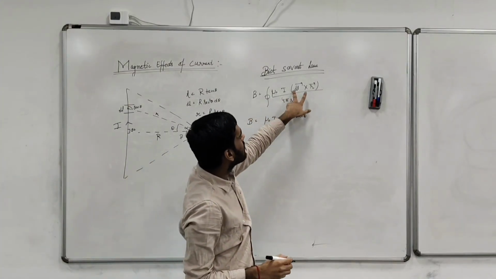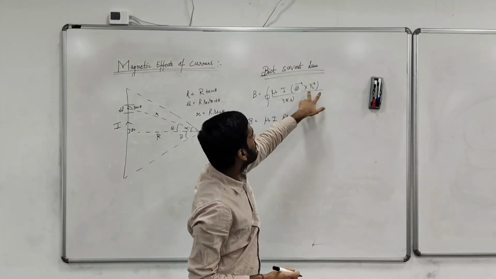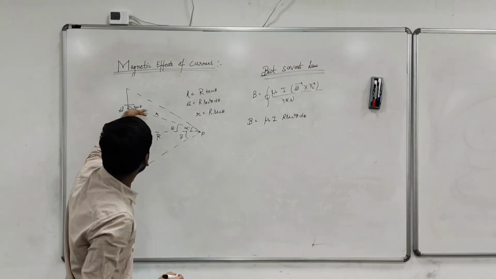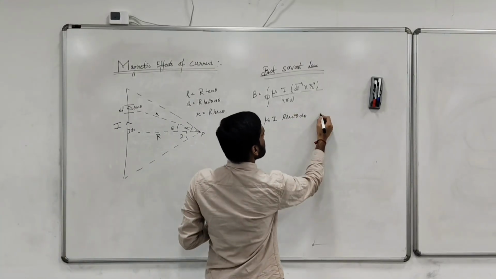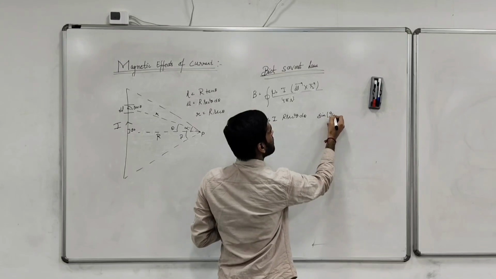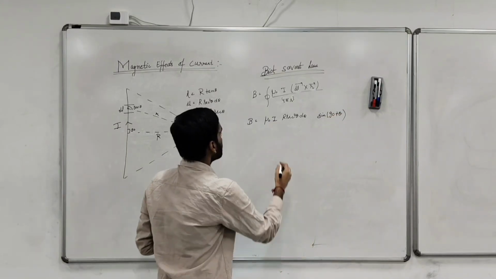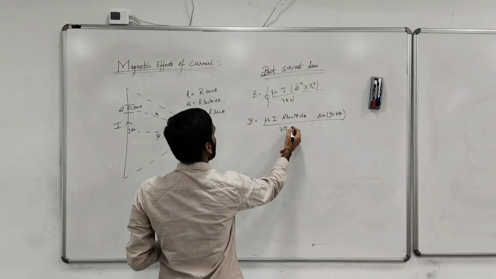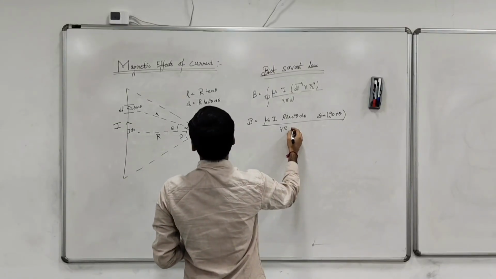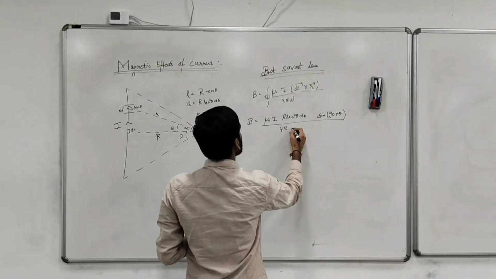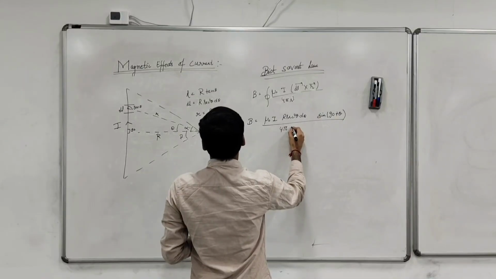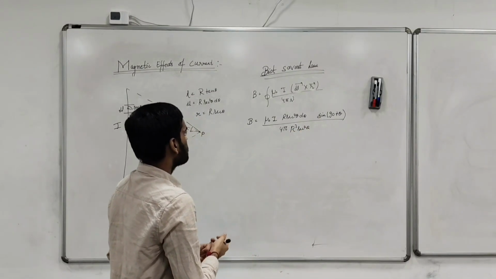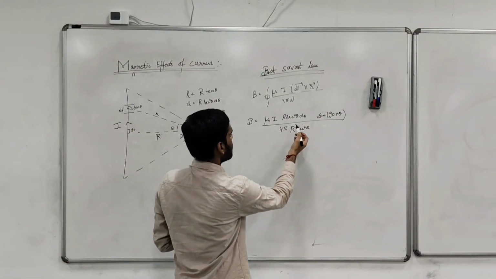So the angle between the length of the wire and the vector at which we want to calculate turns out to be sin of 90 plus theta, divided by r squared. Simplify.